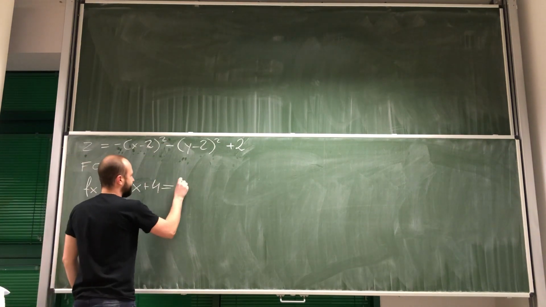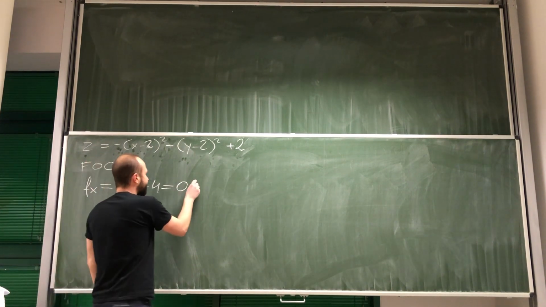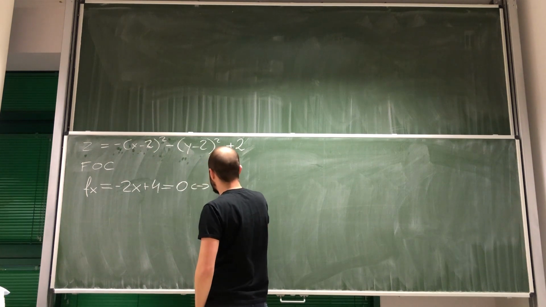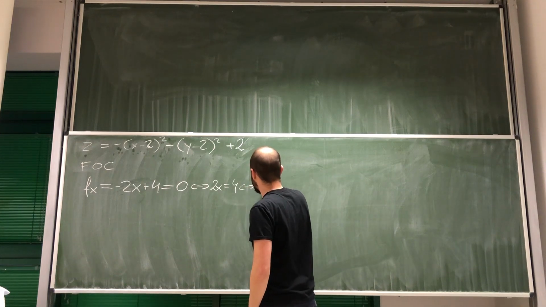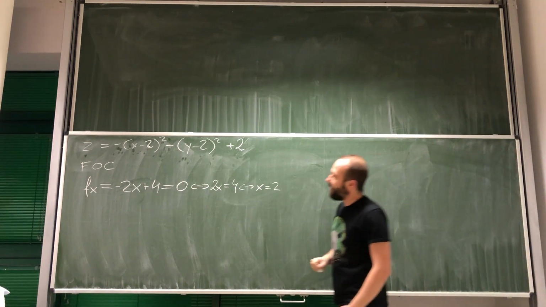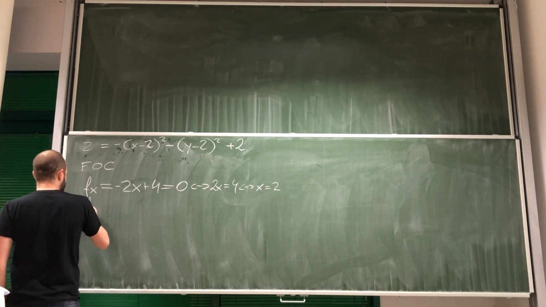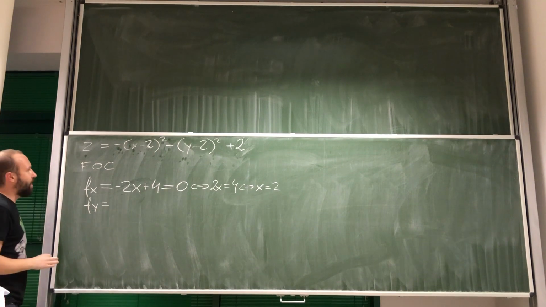And we equate it to 0. And right away, we see that this is equivalent to 2x equals 4, or x equals 2.